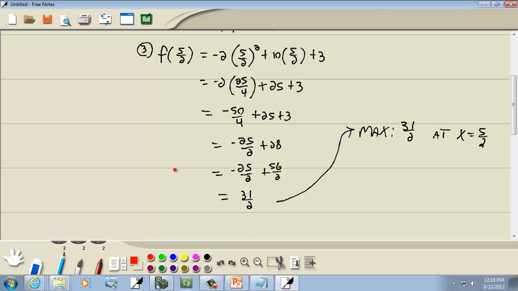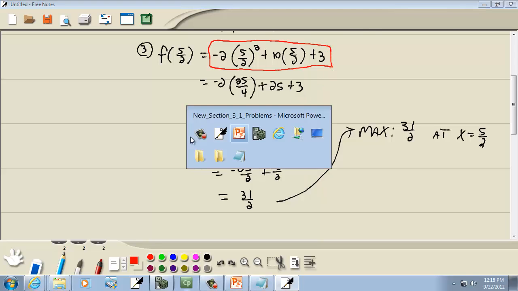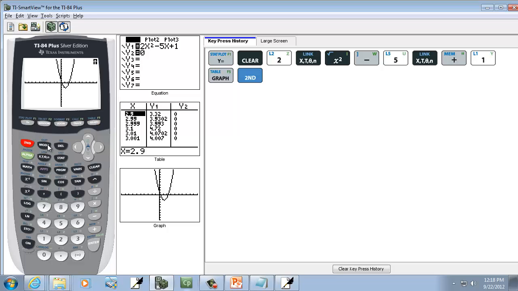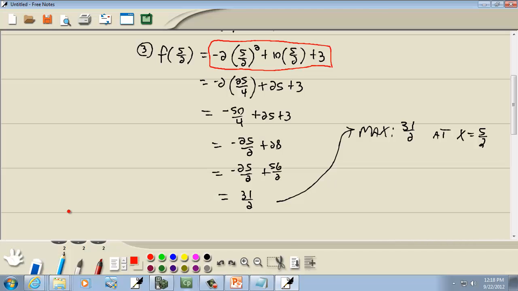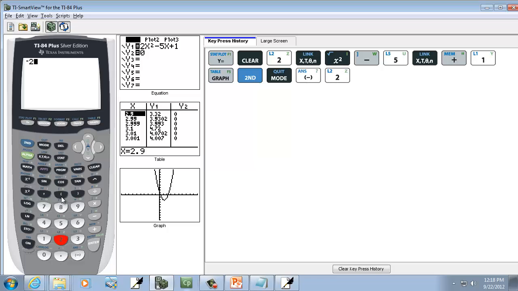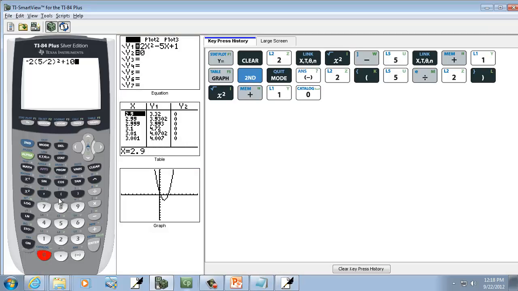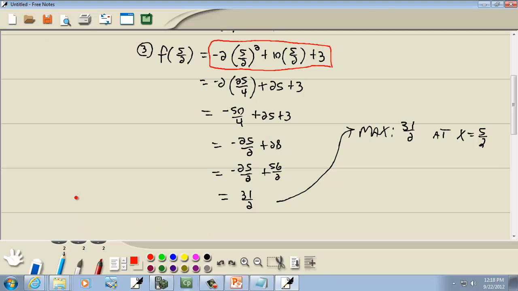Now, on the test, I'll put in nasty ones like this, come up with fractions and so forth. It doesn't bother me at all, because we have a nice graphing calculator that'll handle the fraction perfectly. So if I come back to here, if I do second mode, and I'll put in negative 2, beginning parentheses, 5 divided by 2, close parentheses, then squared, and then plus 10, beginning parentheses, 5 divided by 2, closing parentheses, plus 3.